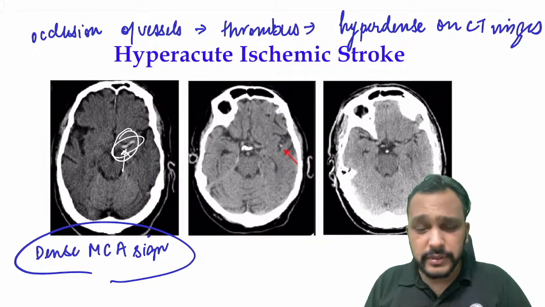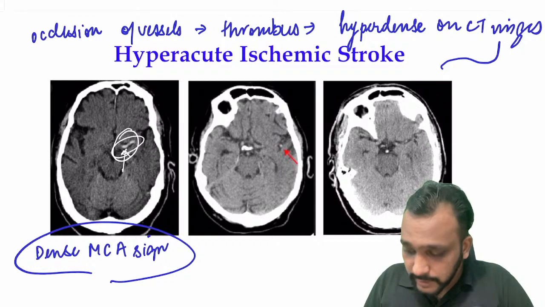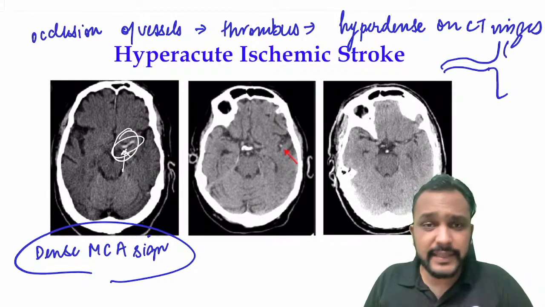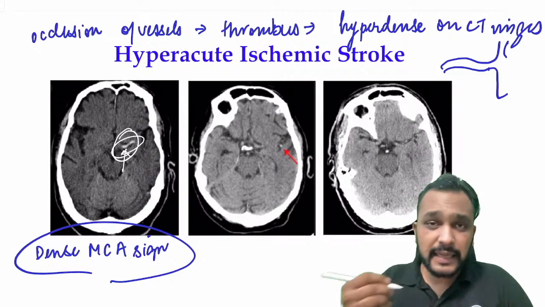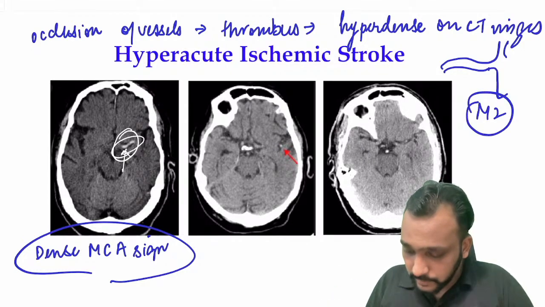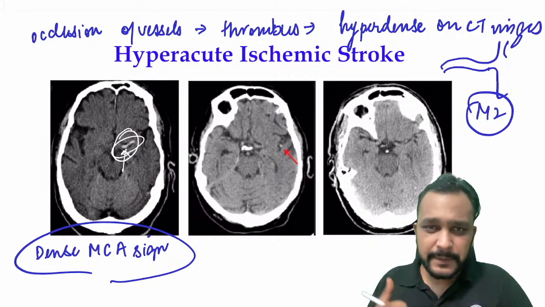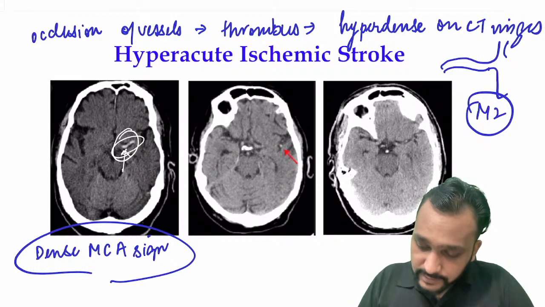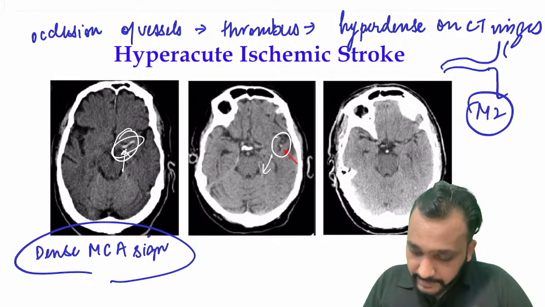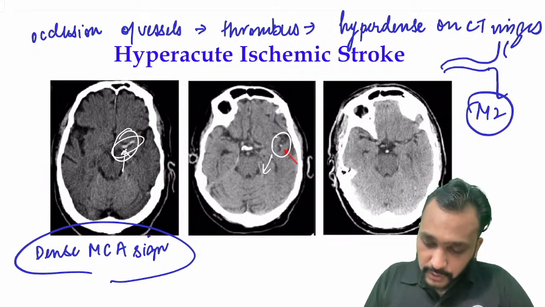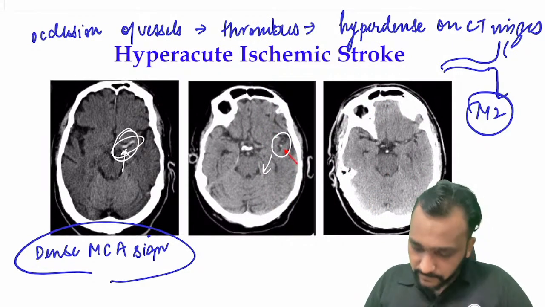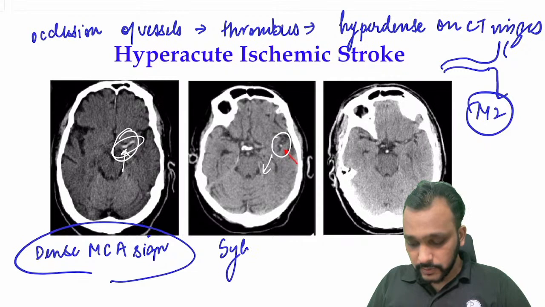And when there is occlusion of the M2 segment, the middle cerebral artery will travel in the Sylvian fissure, then it will divide into two divisions, so these will be the branches of the M2 segment. So the M2 segment is going to travel in the Sylvian fissure, along the insular cortex, and when there is a thrombus within the M2 segment of the middle cerebral artery, we are going to call it Sylvian dot sign.